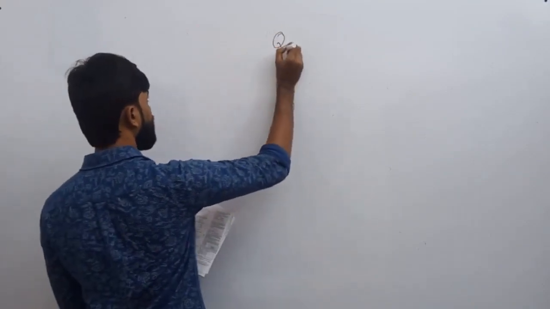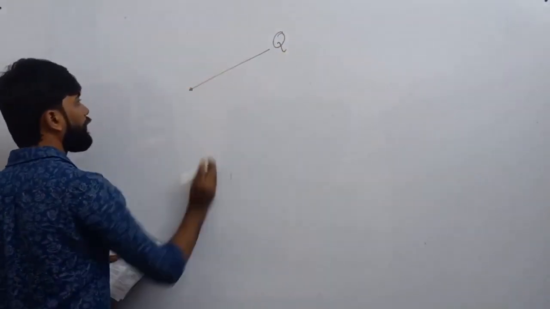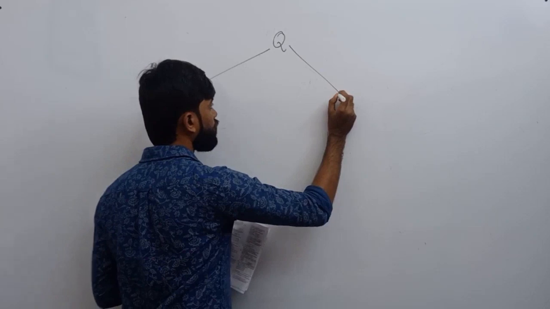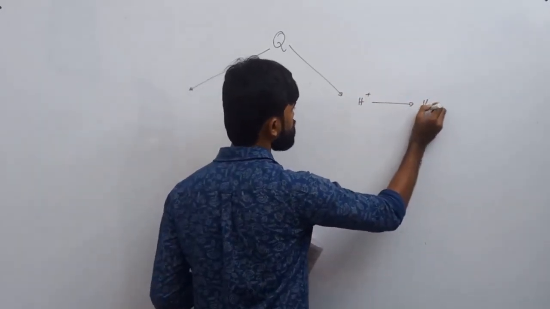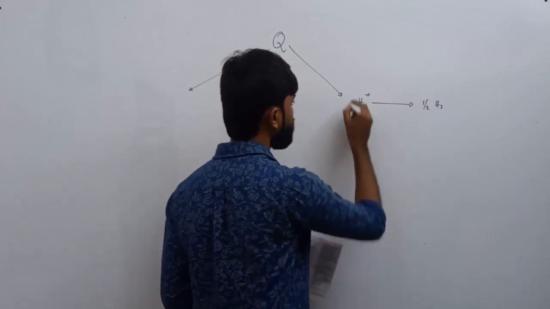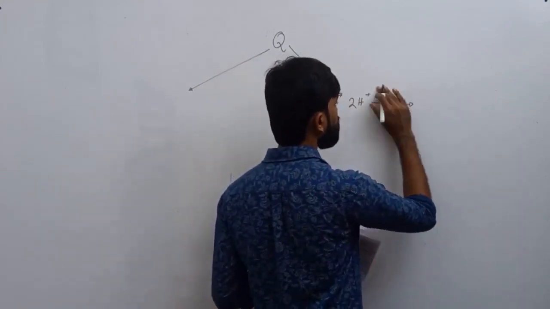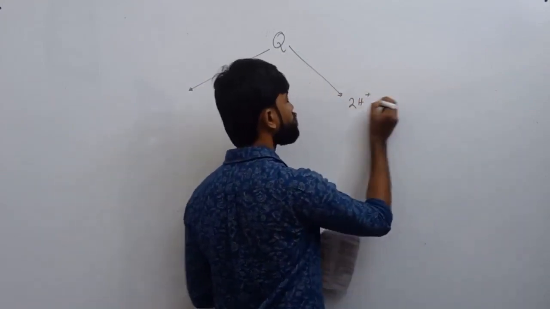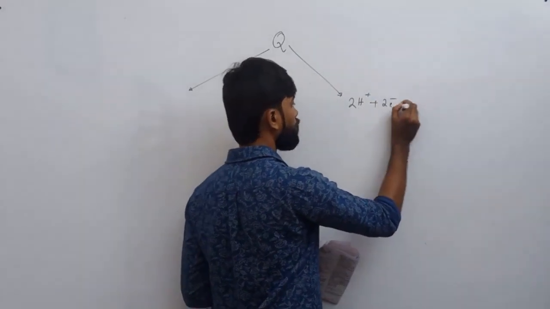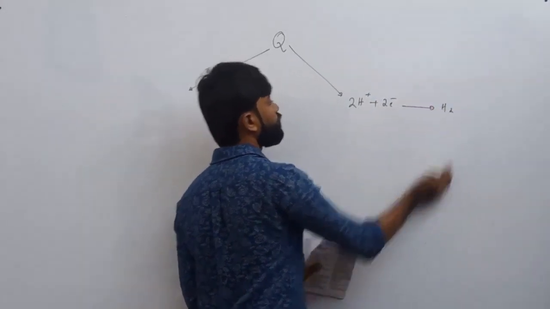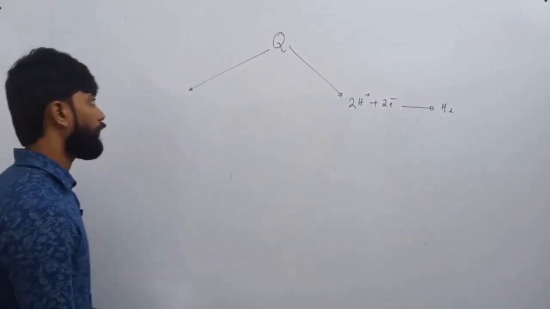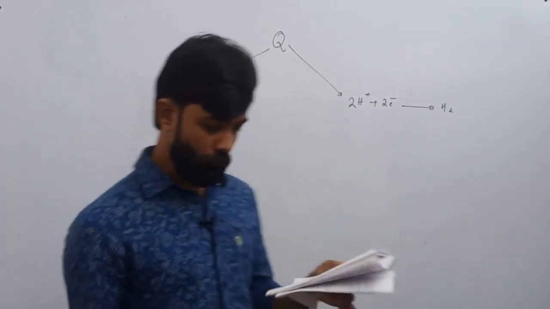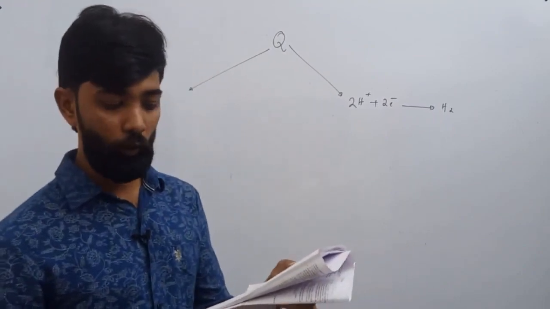So there is a quantity of current, and you are asked to find the liberation of hydrogen, H2, from H+ using that particular quantity of current. And that quantity of current is exactly used for the deposition of 4.5 gram of aluminum actually.